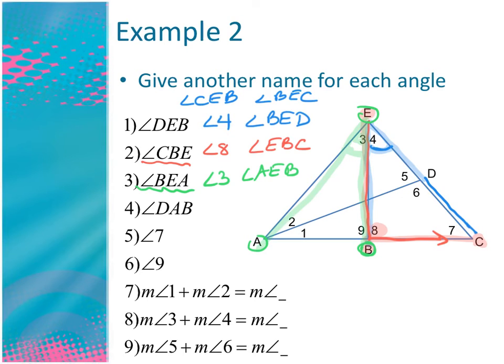Let's try number 4. This time DAB. D is here, A is here, and B is here. So D to A to B. I can call this angle 1. I can reverse the letters, call it BAD. And notice on this one, if I were to have kept going, another name for this could be angle DAC or CAD.